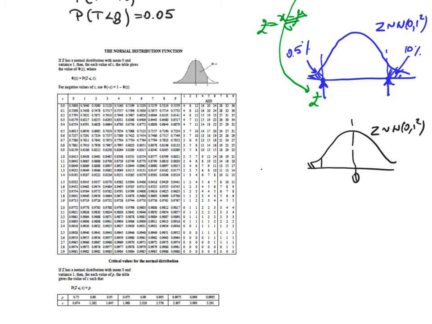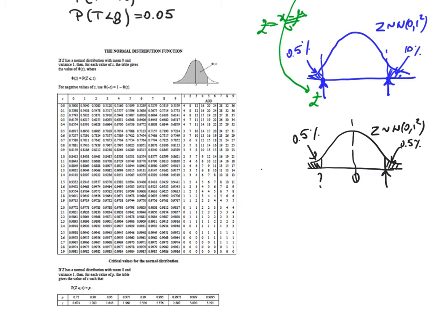So if I want the point here, which divides an area of 0.5%, then I can find the point which is opposite to it on the other side, such that this area is 0.5%. Therefore, I can find this point because in my table of values, there are only points that are to the right of 0.